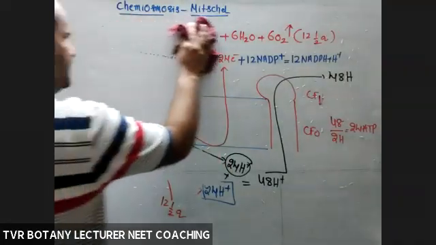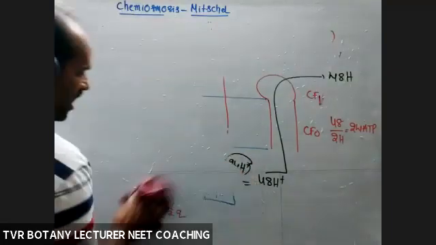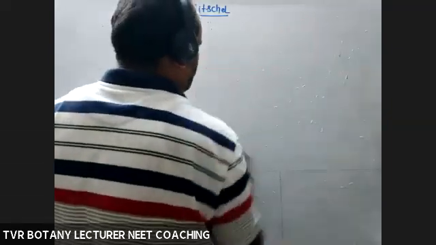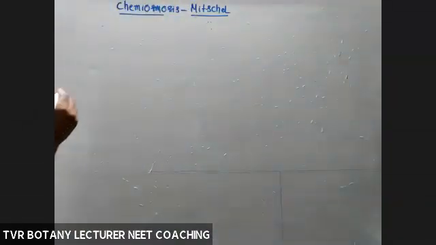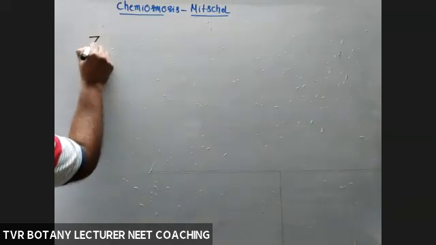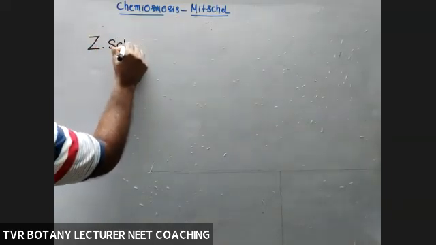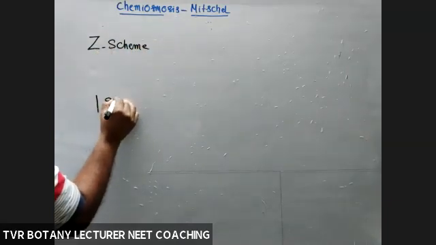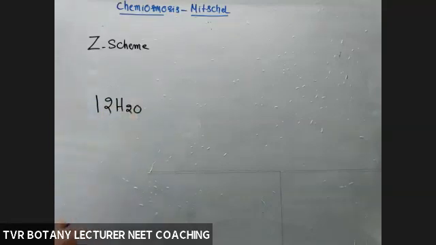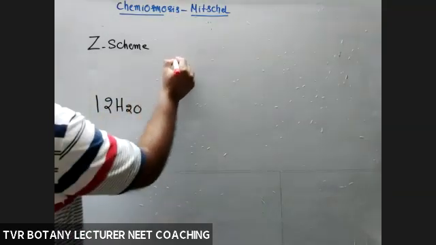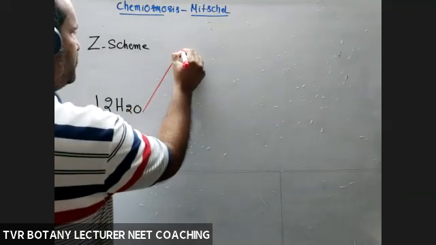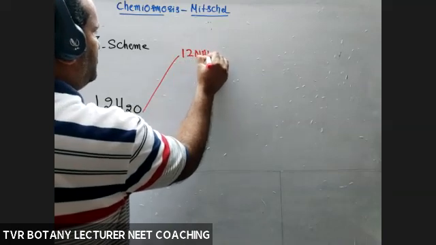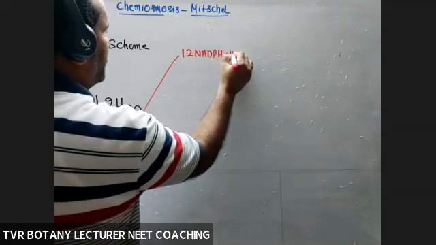So during the non-cyclic electron transport system, out of 12 H2O molecules photolysed, here I'm separately giving the Z scheme. In the Z scheme, if 12 H2O molecules are photolysed, oxidized, what about the number of NADPH plus? 12 molecules of NADPH plus.